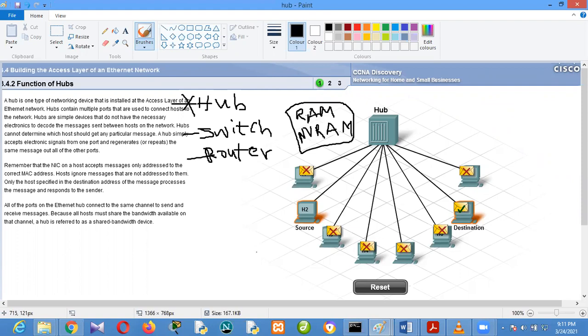Switches and routers have RAM and NVRAM, and RAM functions the same as what you have on the computer system. So when you are making any configuration on the switch or on the router, that configuration stays on the RAM.